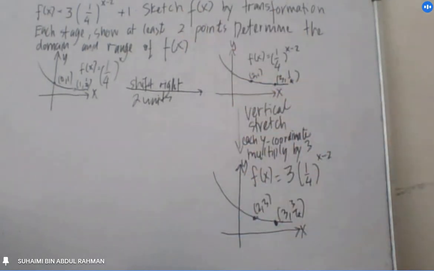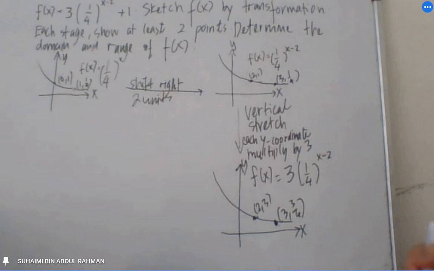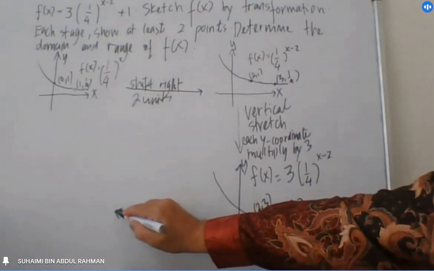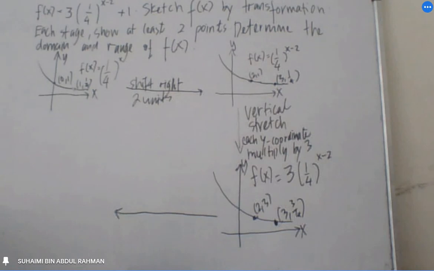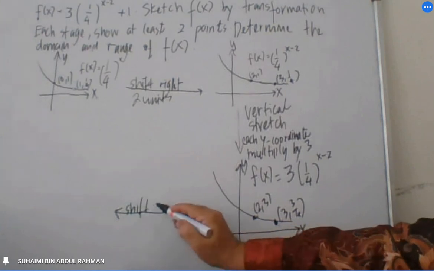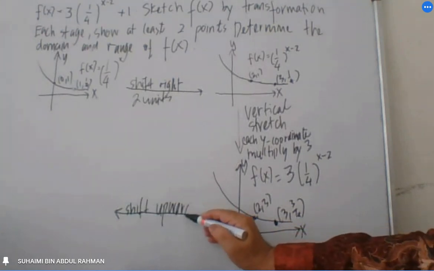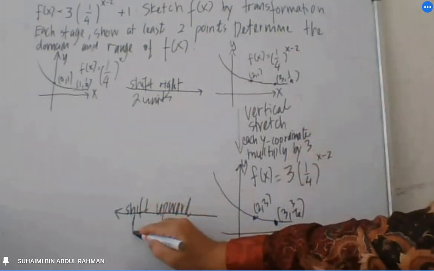But we still have one more transformation because we want to sketch this. One more transformation is what? Vertical shift. Shift upward. How many units? 1 unit.